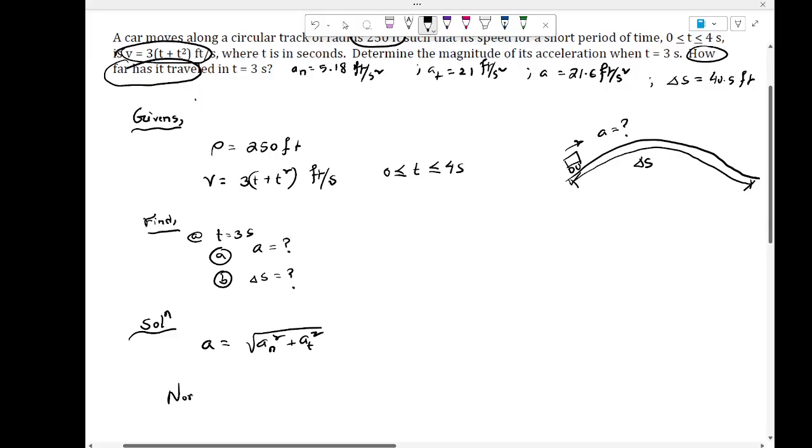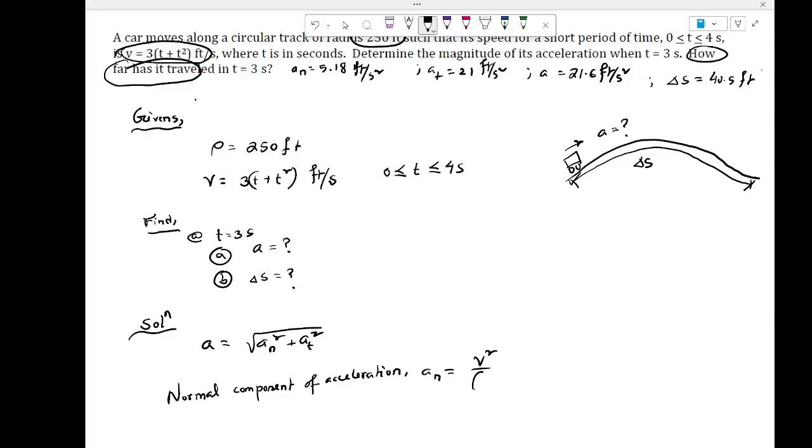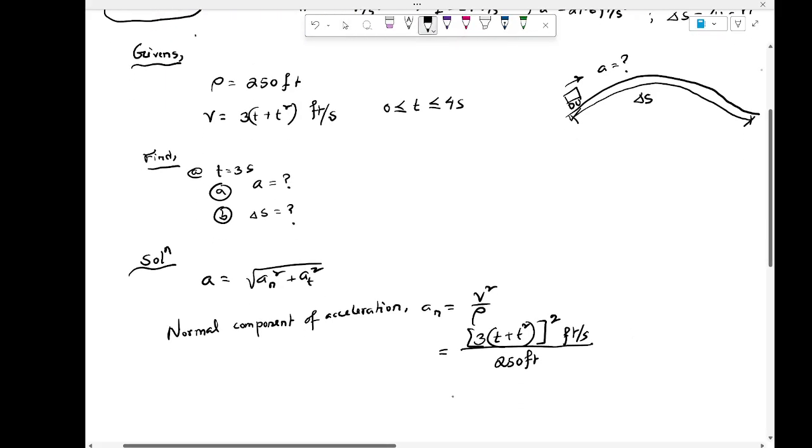So you can write it like, okay, normal component of acceleration an has the equation of v square over rho, and the v is given as this, and rho is given as 250 feet, and this is in feet per second, and this is at time t equal to 3 seconds.